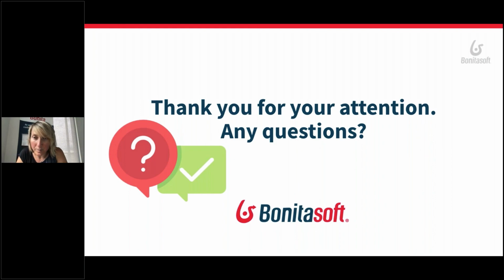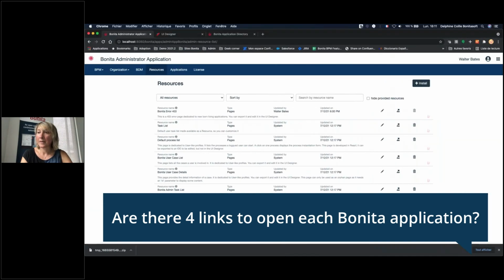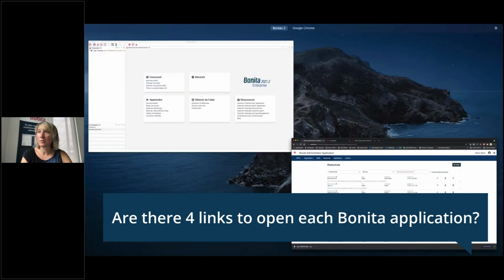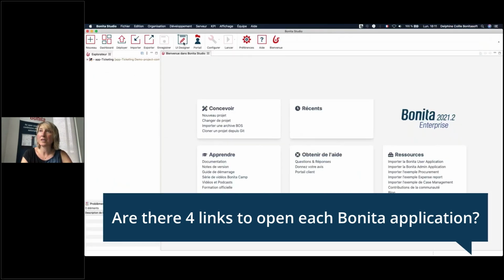In this version, Portal is split into 4 apps: user admin, super admin, app directory, right? Then now there will be 4 links to open each of them from Studio instead of only one. No, let me show you. Let me go to Bonita Studio. If you click here, oh sorry, it's in French. I hope you don't mind.